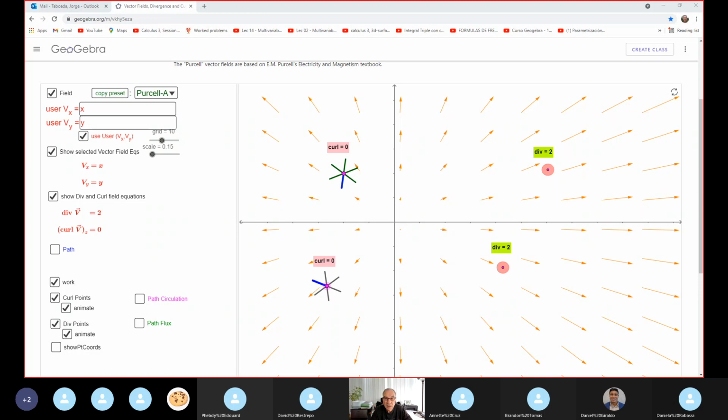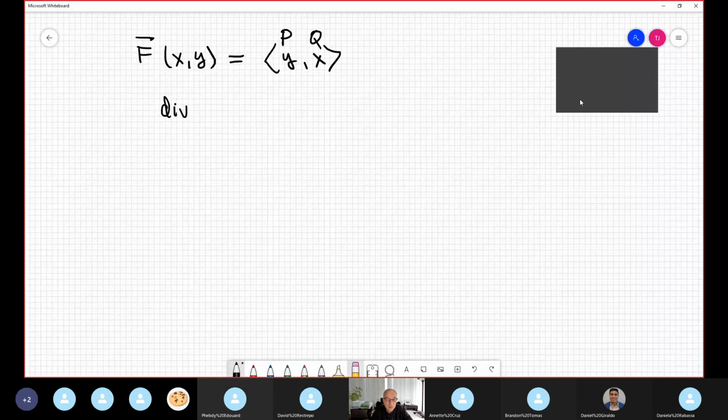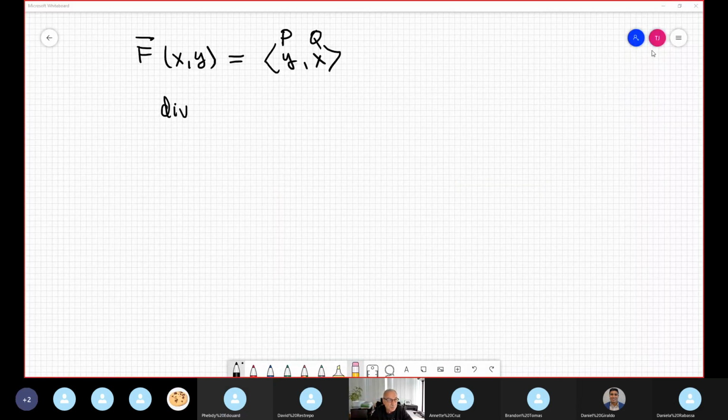Okay, this is my second example, number 2. And this is very similar. The only thing I did was interchange x and y, and this changed this behavior a little bit.